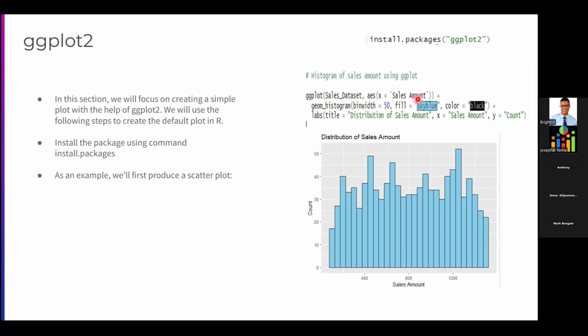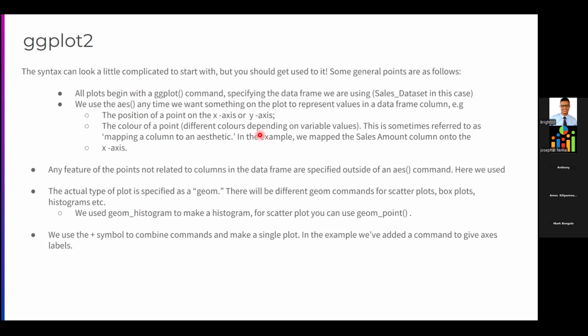But in other cases, in aes, you could specify the y-axis. For example, if you are plotting a scatter chart to show correlation or relationship between two numeric variables, you need to specify a variable on the x-axis and a variable on the y-axis. But because it's a histogram, we just need to specify one variable, which is always the x-axis. In other cases, you could specify both x and y.